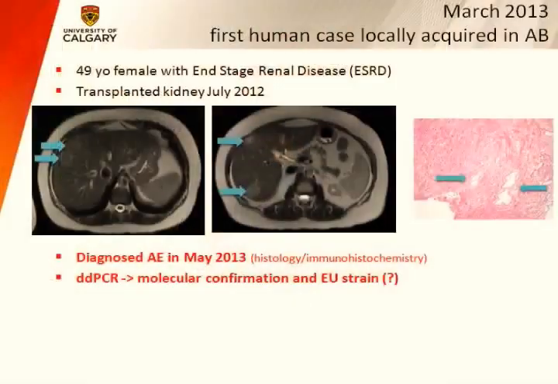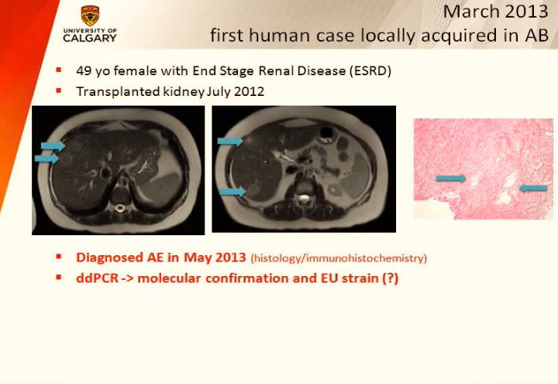So this lady was an immunosuppressed patient, 49 years old. She had a kidney transplant. She was negative to serology before and positive to serology after the transplant. She was diagnosed in May, and we confirmed the infection. Actually, we couldn't use qPCR.